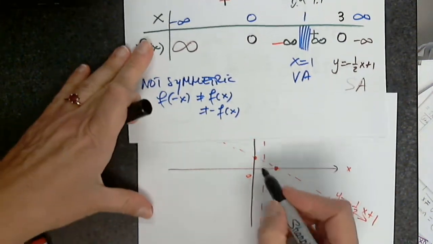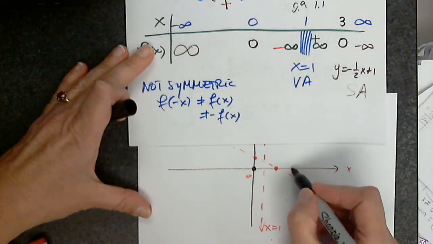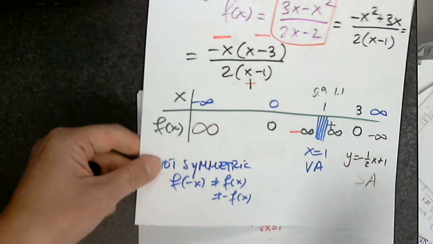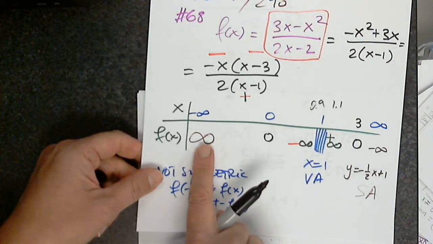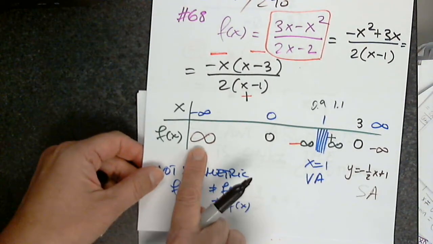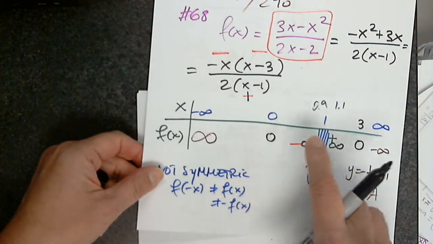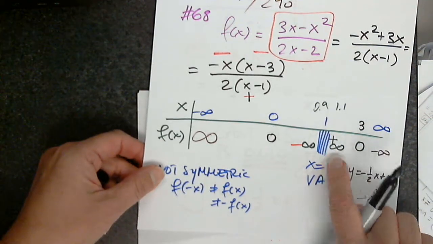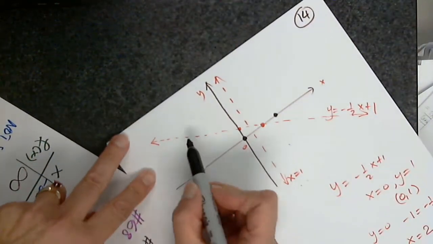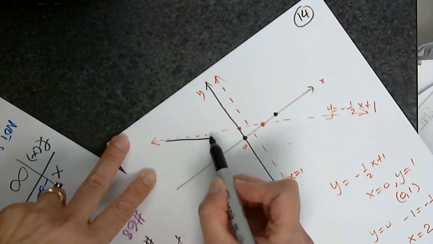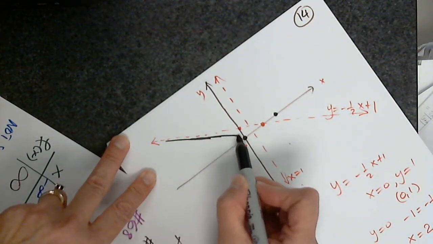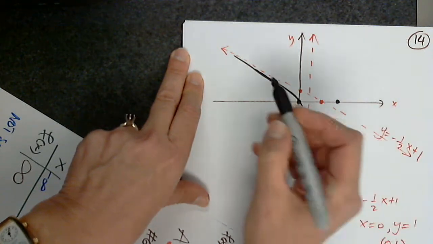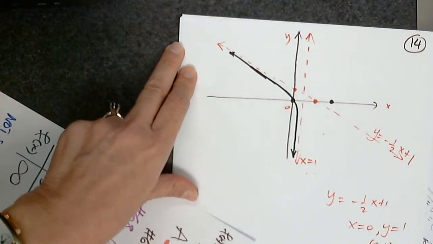I do have a point, which is 0, 0, and I do have a point, which is 3, 0. So here's what I see. From positive infinity approaching the slant asymptote, it crosses at the origin and it approaches negative infinity on the left-hand side of the vertical asymptote.